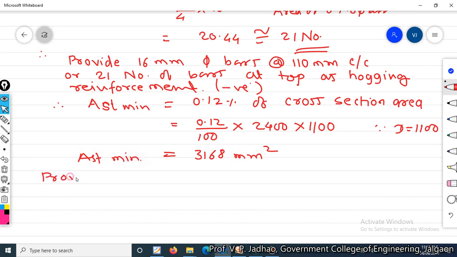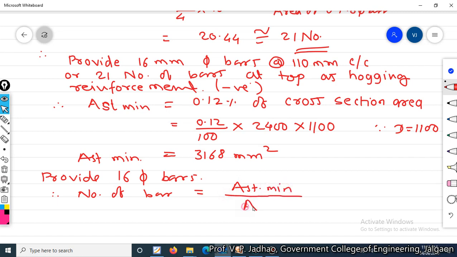Let us again provide 16 mm bars for this AST minimum. The number of bars is equal to AST minimum divided by the area of a 16 mm diameter bar.